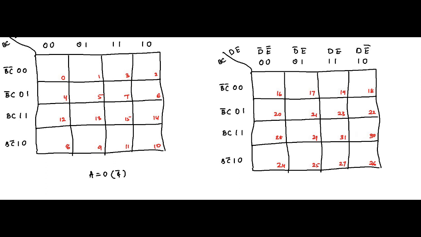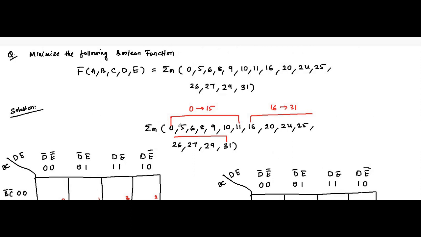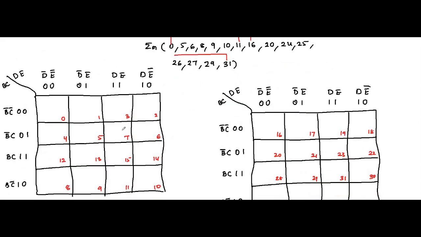Now what we have to do is plot the values. This is here A equals to 1 without complement. This is the first K-map, this is the second K-map. So the variables between 0 to 15 are 0, 5, 6, 8, 9, 10, 11.